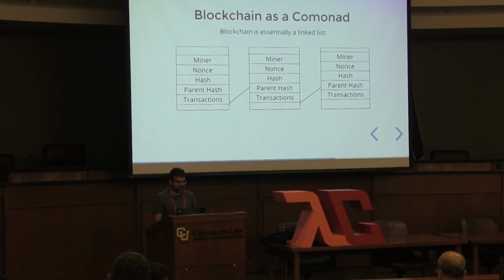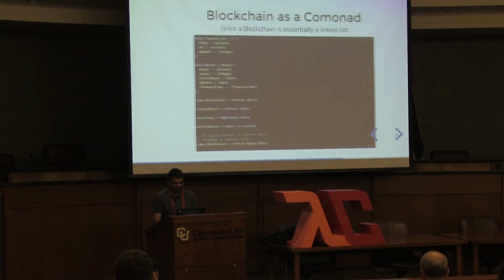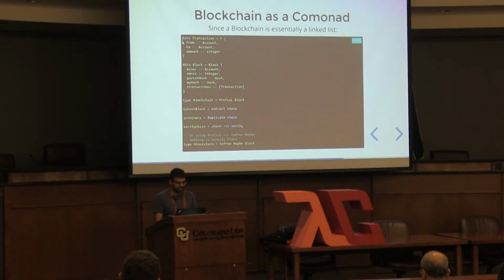A blockchain is just a list of a block header with some transactions. And you link it like this. And so we can model it like this. We have our transaction type or block type with all the header information. And a blockchain is just a prefix list of a block. Now remember, for the latest block, extract gives you the last element of that prefix list.